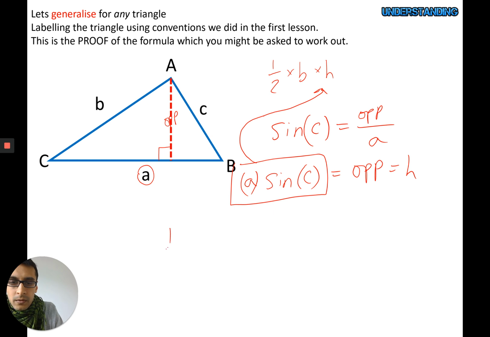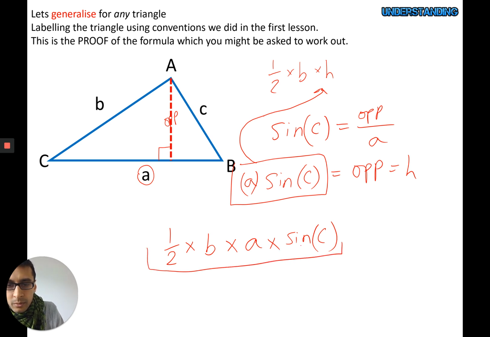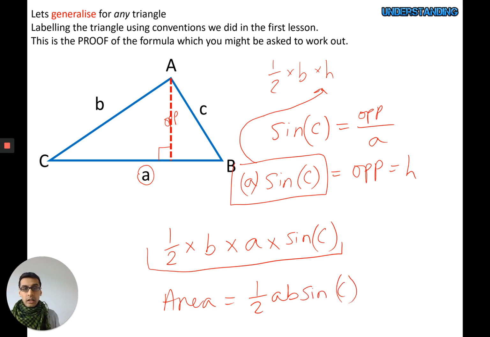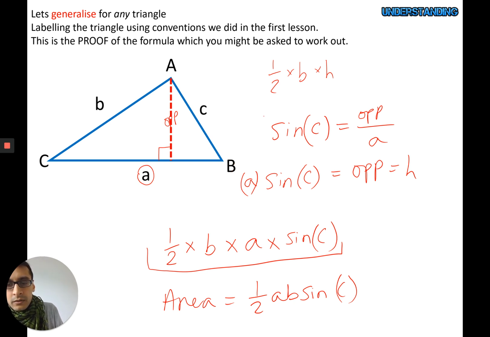So you get half times B times A times sine C. You can just tidy this up by removing the multiplication signs and just putting it in order. So you end up with the area being half AB sine C. That is where the formula comes from for the area of a triangle, and this is called the sine rule for area.